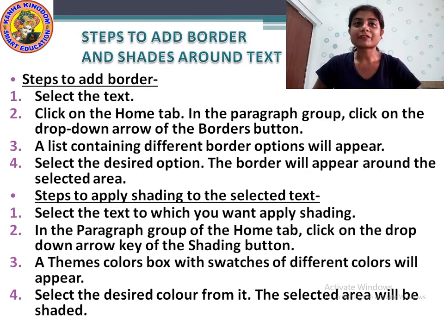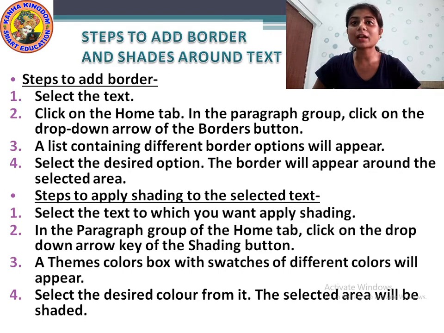Then in the Paragraph group of the Home tab, you click on the drop down arrow of the Shading button.